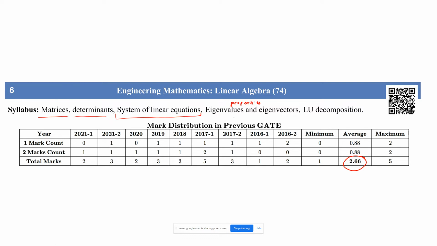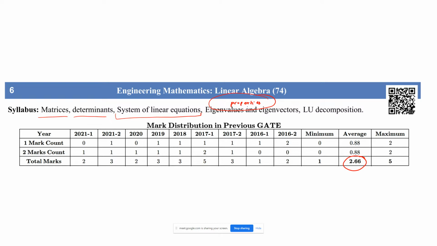It may be unreasonable for us to ask a question like get the eigenvectors of a 4 cross 4 matrix. That is very computationally intensive, and that is not expected. Instead, the questions will be tricky in the sense you can find out the eigenvectors using some properties.